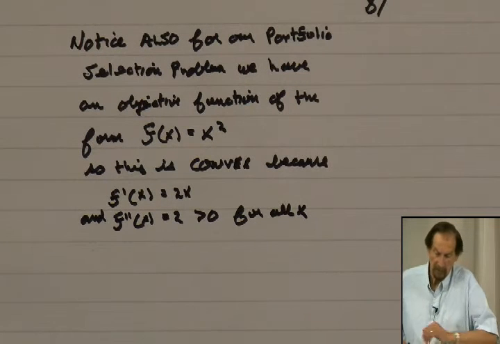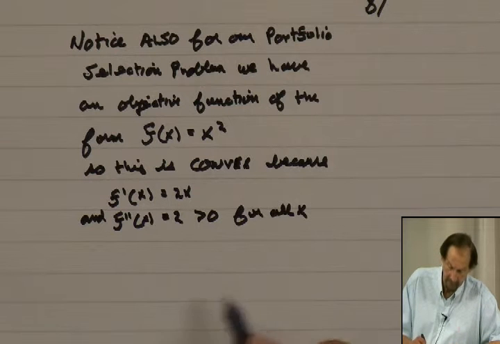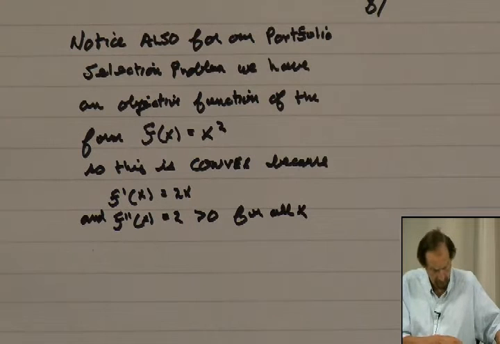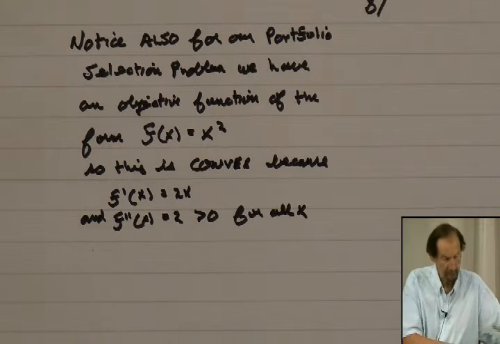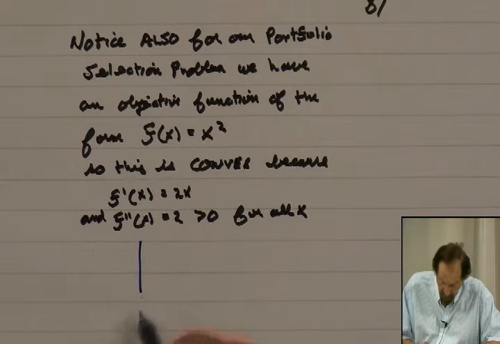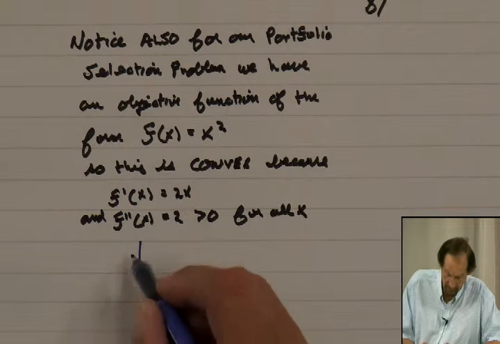Okay. So why is that nice? Why is this the case? If we draw this, let's see if we have our little blue pen here. Yes. If we draw this, we get something like the following.